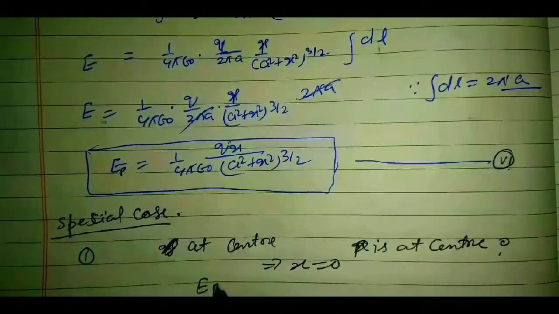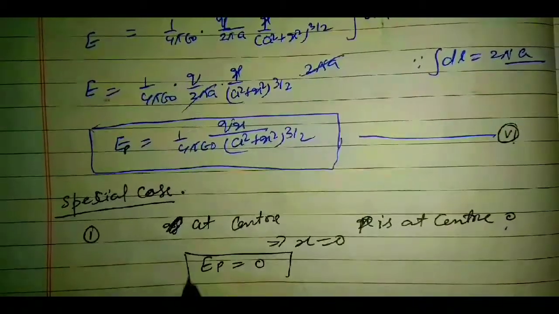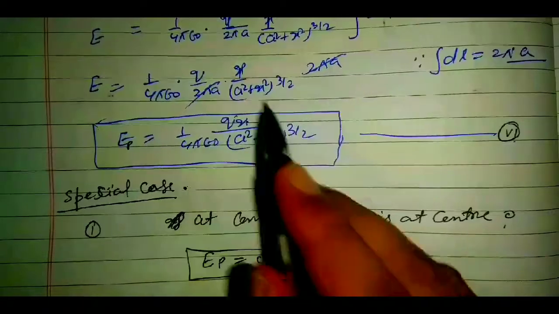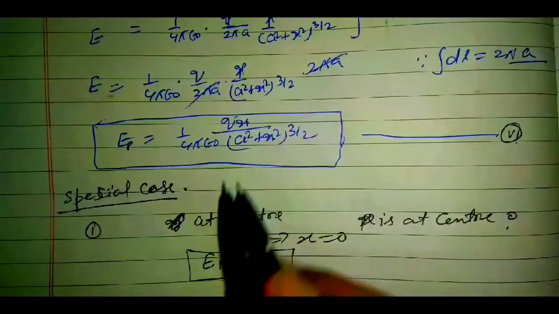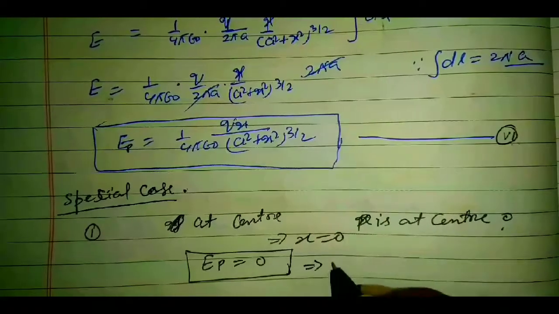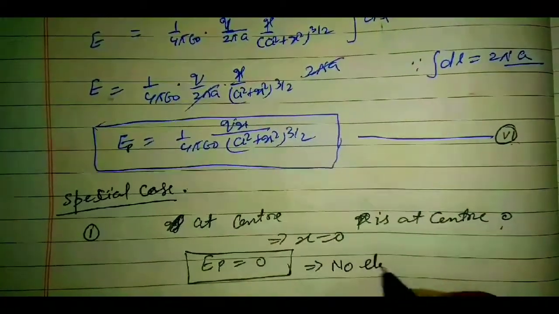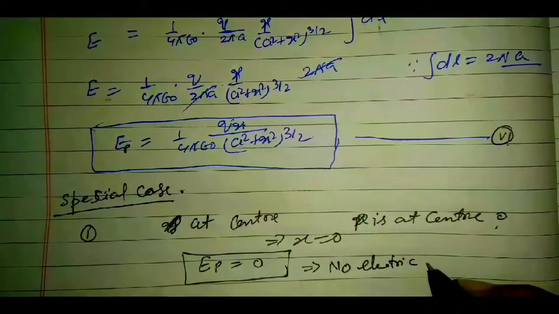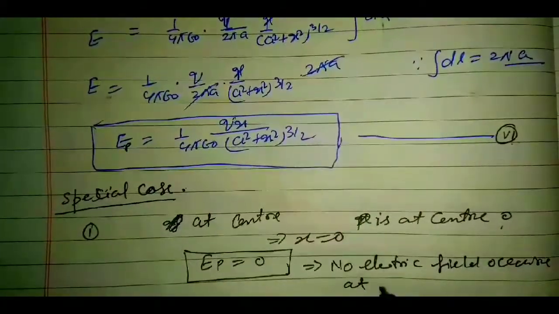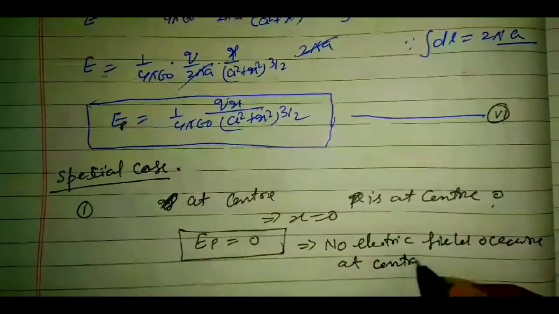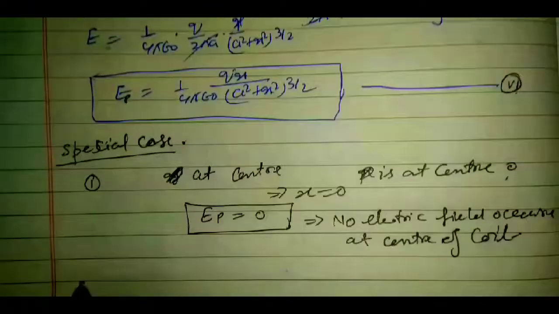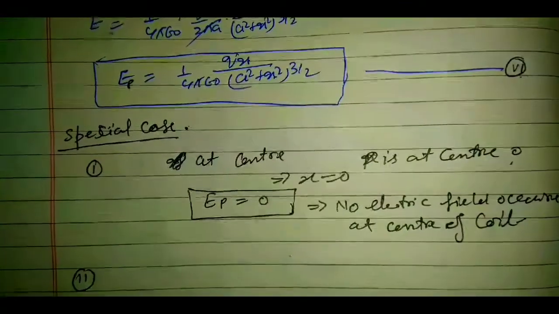If x is 0, putting it in equation 6, the electric field is 0. This implies that no electric field occurs at the center of the coil.